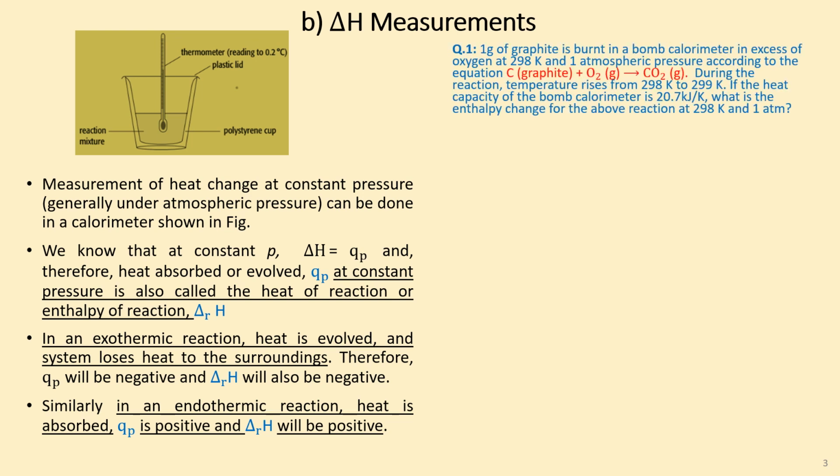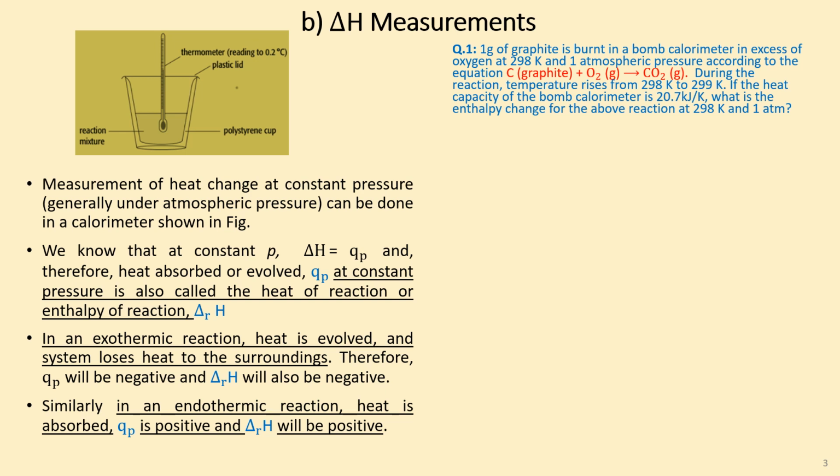Let us take one numerical example. Question: 1 gram of graphite is burnt in a bomb calorimeter in excess of oxygen at 298 Kelvin and 1 atmosphere pressure according to the equation C graphite plus oxygen gas gives carbon dioxide gas.